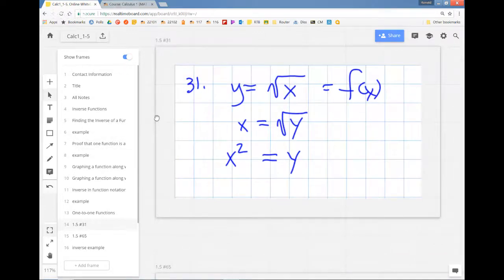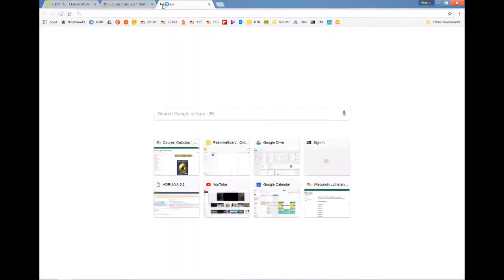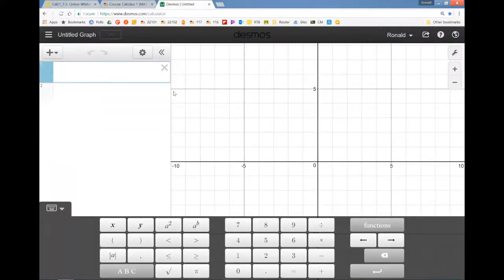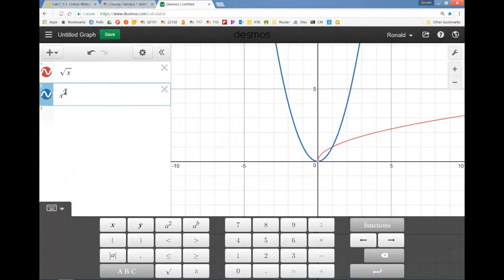So let me just call up Desmos, and we'll take a look at this real quickly. So there's the square root of x. And when you take its inverse, you literally get x squared. And you can see that what was originally one-sided now becomes two-sided. So that's kind of an unusual situation.